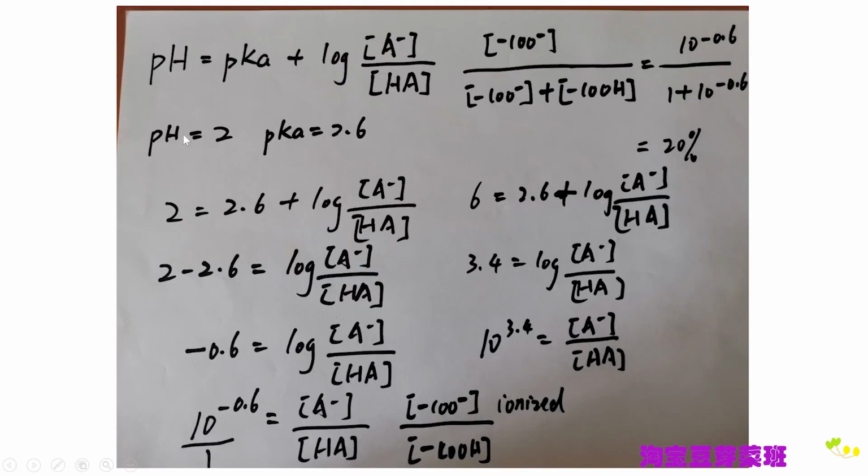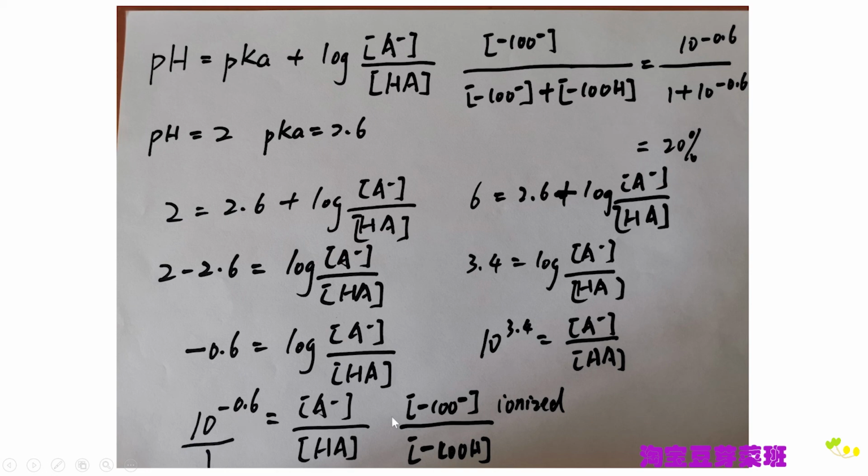The pH is 2 and the pKa is 2.6. On the left-hand side we plug in the numbers, and we do the rearrangement and get the ratio of ionized form to unionized form as 10 to the power of negative 0.6.